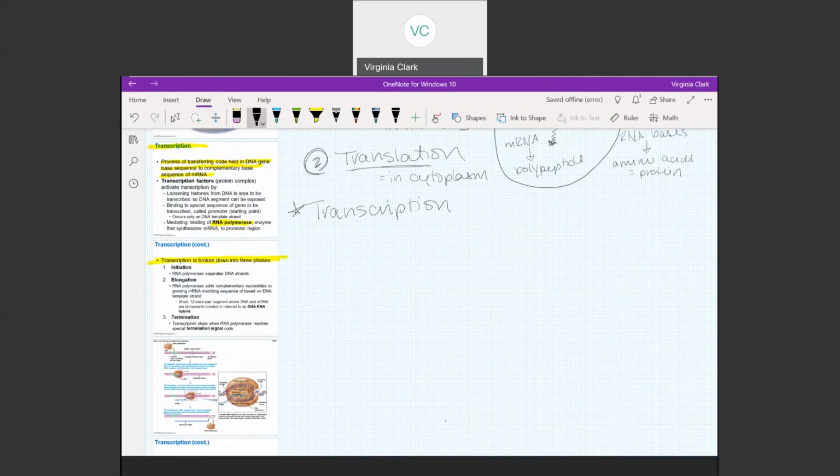So transcription has 3 phases. Phase 1, initiation. With this phase of initiation, what you're doing first is the RNA polymerase is going to pull apart the DNA strand.